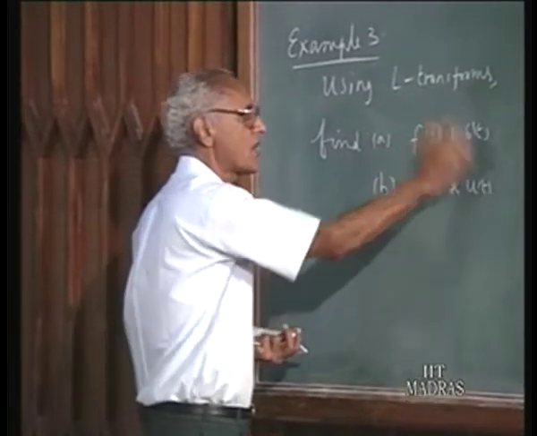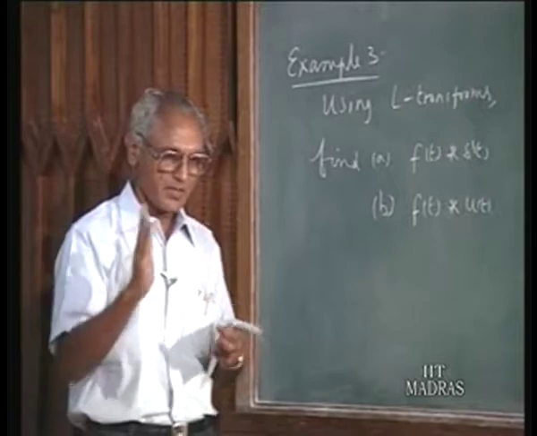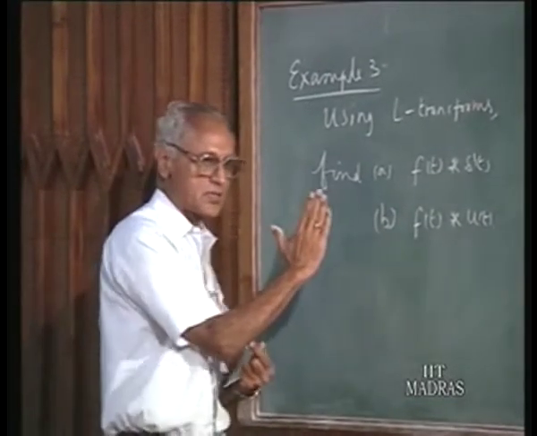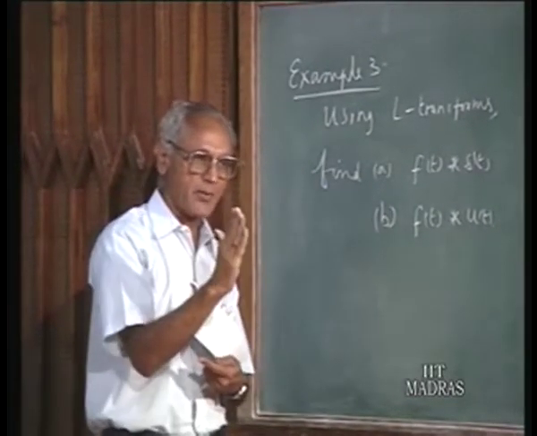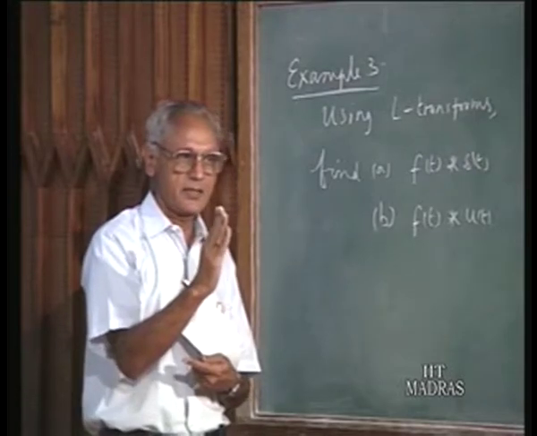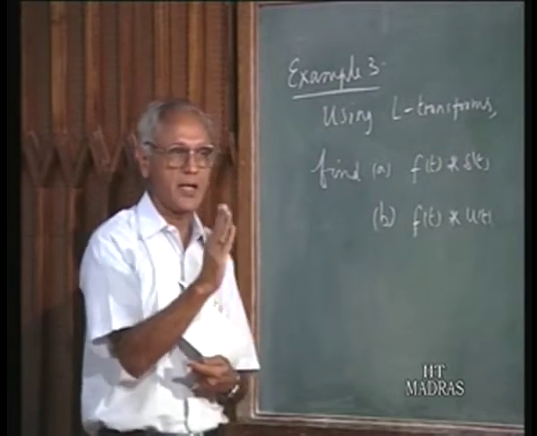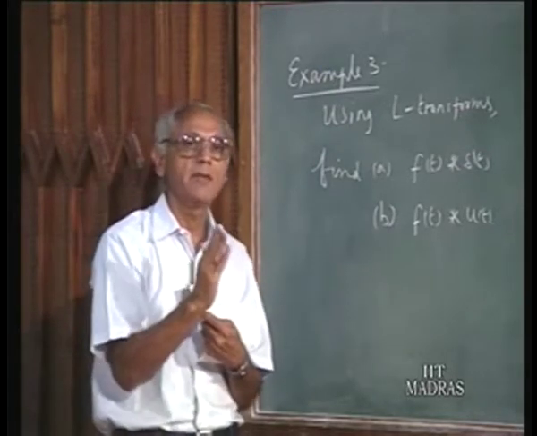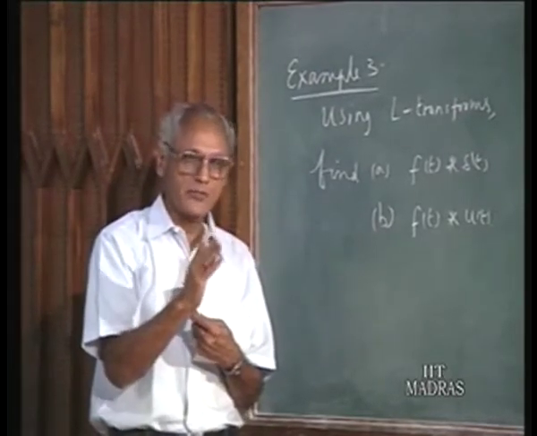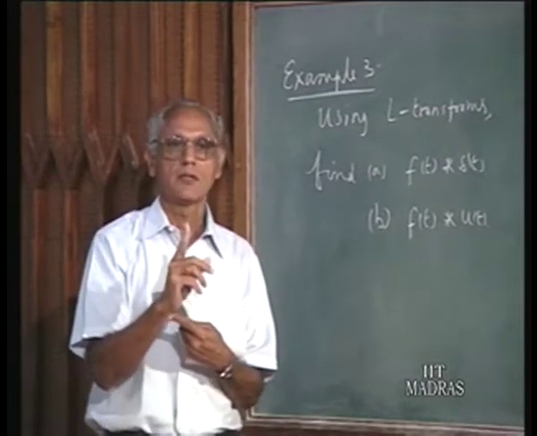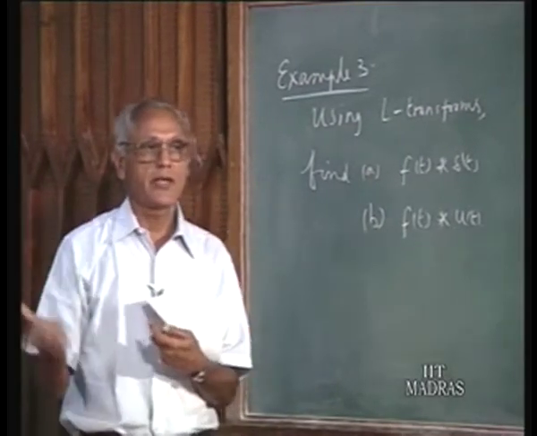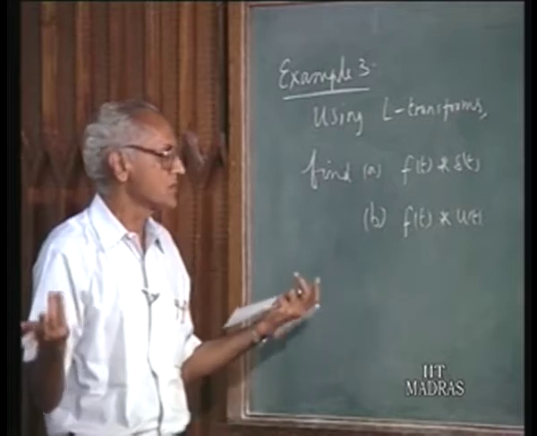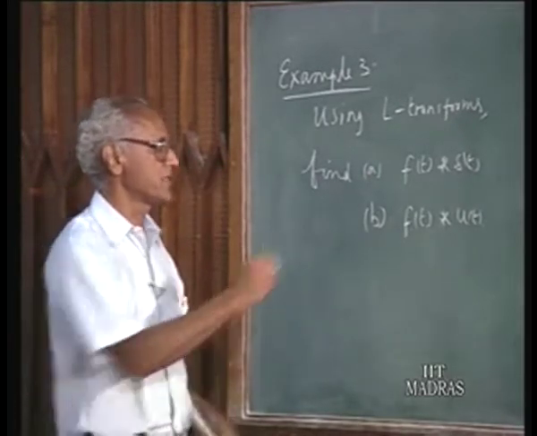That means f(t) star delta(t) is f(t) itself, because delta(t) scans this function as it moves along, and at any particular point the product of the displaced delta(t) and f(t) will be the value of the function at that point, that is the magnitude of the impulse, and when you integrate, that will be f(tau) wherever it is situated.